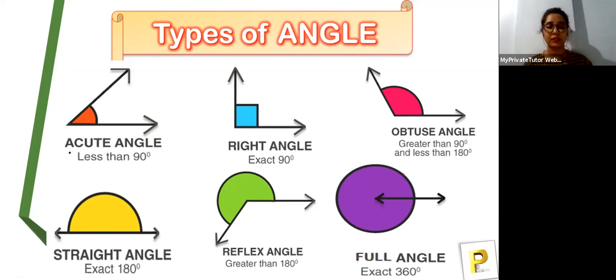Then we have the right angle, which is exactly 90 degrees. Then the obtuse angle, which is greater than 90 but less than 180 degrees. Then the straight angle, which is 180 degrees. The reflex angle is greater than 180 degrees but less than 360 degrees. And the full angle is 360 degrees. I hope everyone is clear with this part, the types of angles.